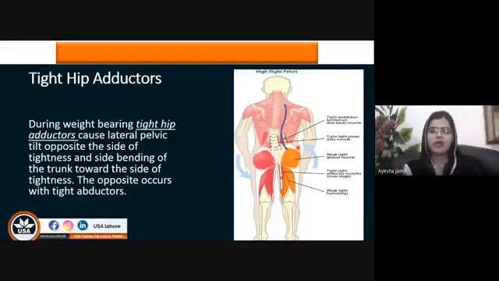So, in an individual where the hip adductors are tight, the trunk will bend towards the tight hip adductors, and abnormal lateral shifting of the trunk may cause structural or functional scoliosis in an individual.